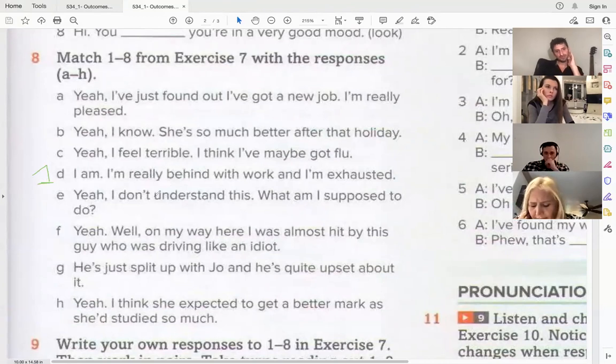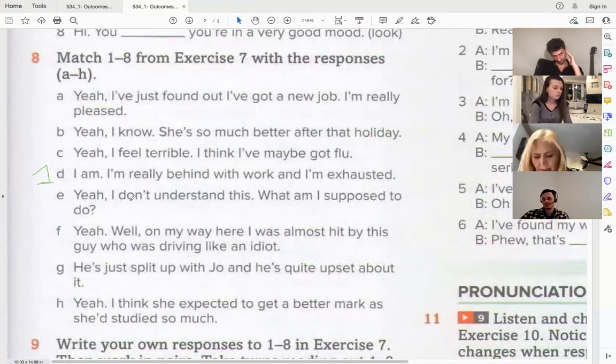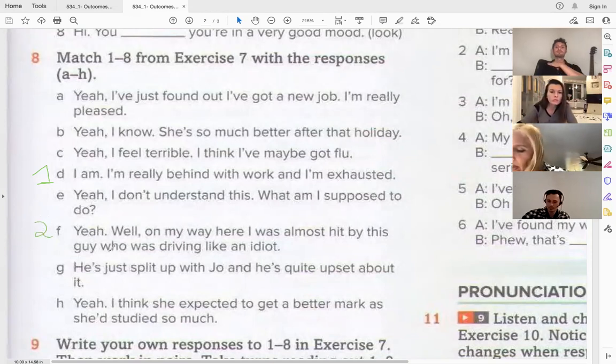Okay. So microphone. Are you all right? You look like you've seen a ghost. Letter F. Yeah, well, on my way here, I was almost hit by this guy who was driving like an idiot. Very good. Perfect. And Ferry, next one.